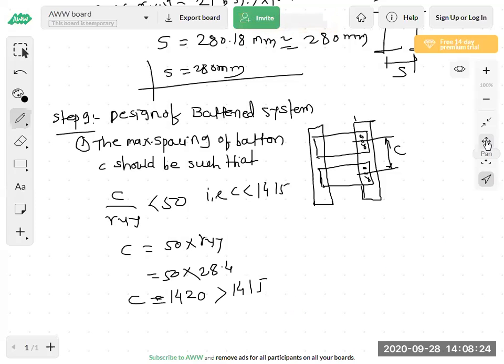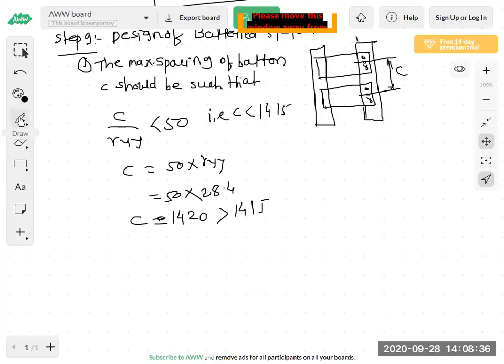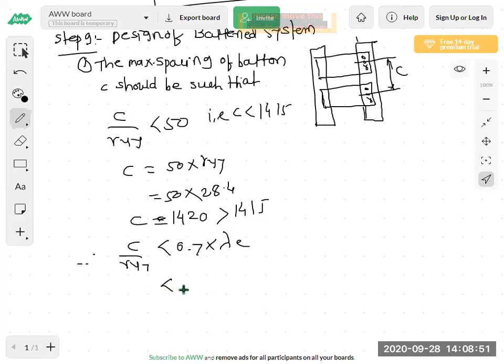Okay, so the second condition. What is the second condition? The second condition is C by RYY is less than 0.7 into lambda E. So calculate 0.7 into lambda E. Lambda E is, I think, 58.98.